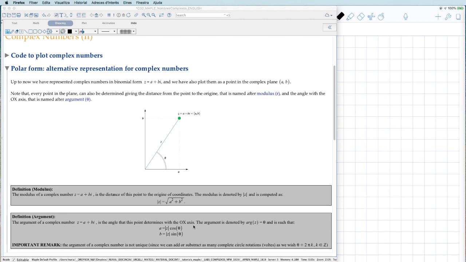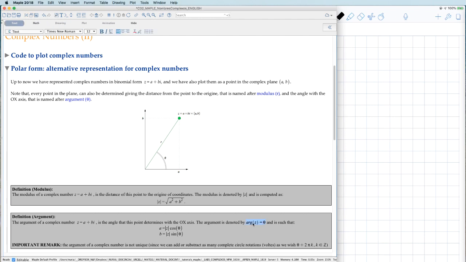The argument of a complex number is given by its angle with the OX axis in the counterclockwise direction. It's denoted by arg of z, or also theta, and this angle is such that the real part a is the modulus times the cosine of this angle, and the imaginary part b is equal to the modulus times the sine of this angle.